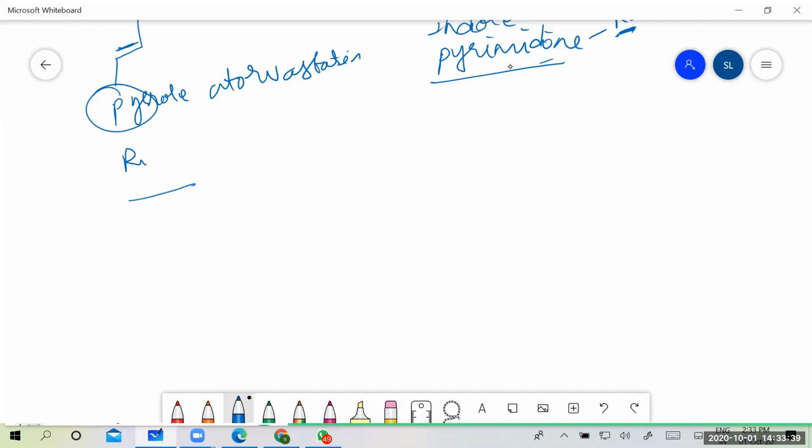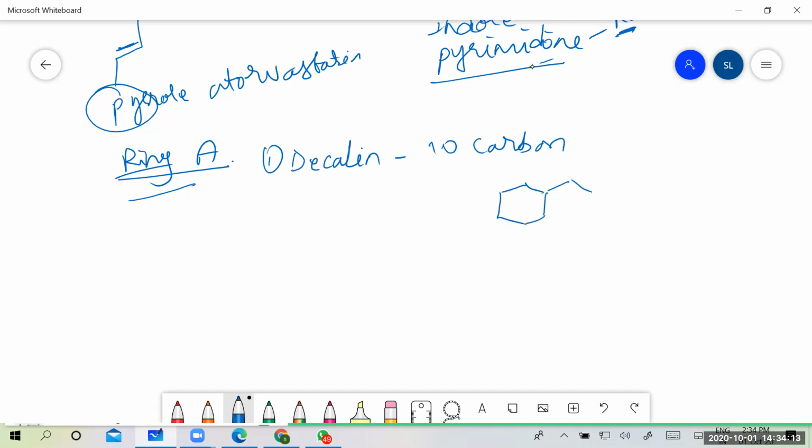Then coming to ring A. What are the substitutions that you can have in ring A? So in ring A, it is normally a decalin ring. Decalin means 10 carbon containing. For anchoring the compound to the enzyme active site, replacement with a cyclohexane ring resulted in a 10,000 fold decrease in activity.